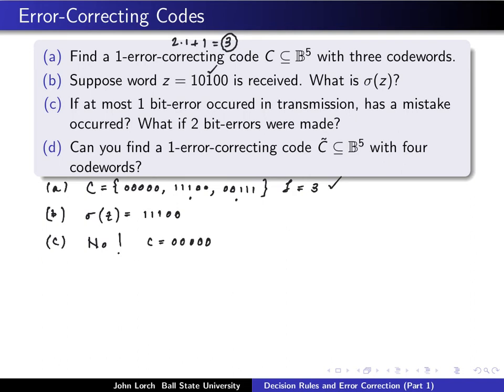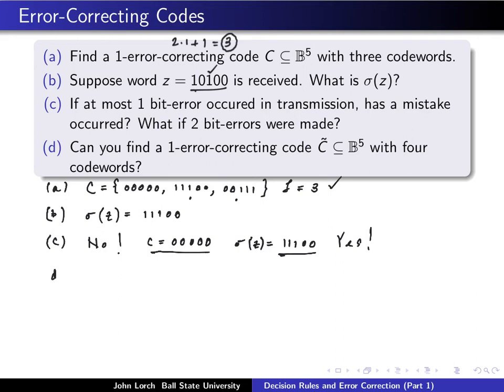But on the other hand, when we take sigma of z, we get another code word, 1, 1, 1, 0, 0. Notice that this initial code word, which with 2 mistakes yields our z, is then corrected to the wrong thing, namely this 1, 1, 1, 0, 0. So in this second question, the answer is yes, a mistake has been made.